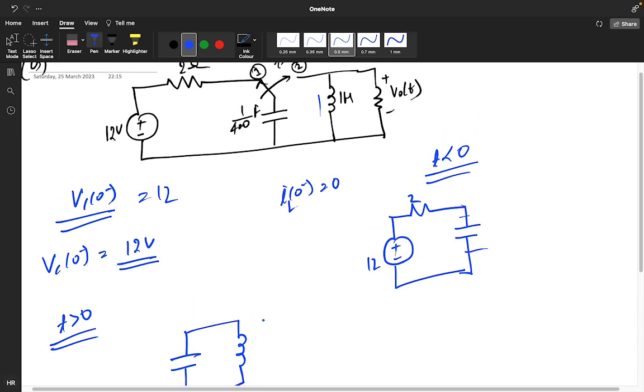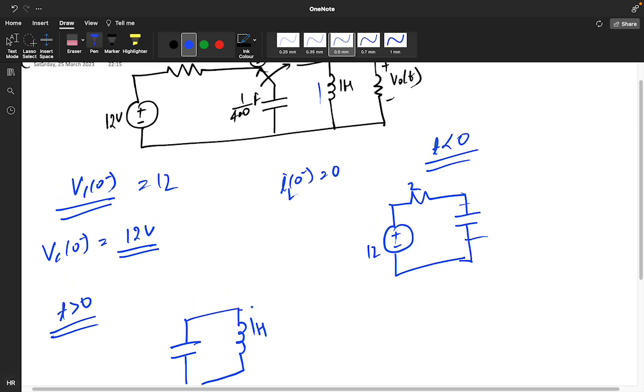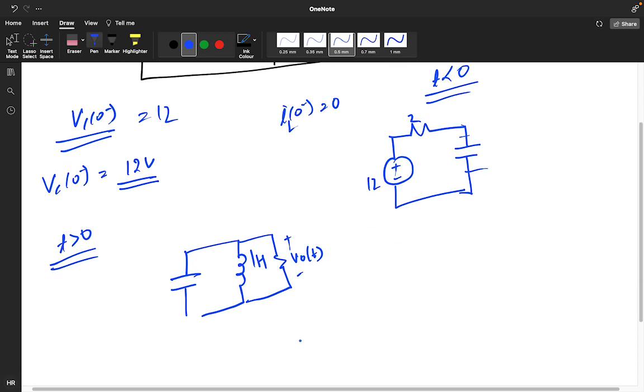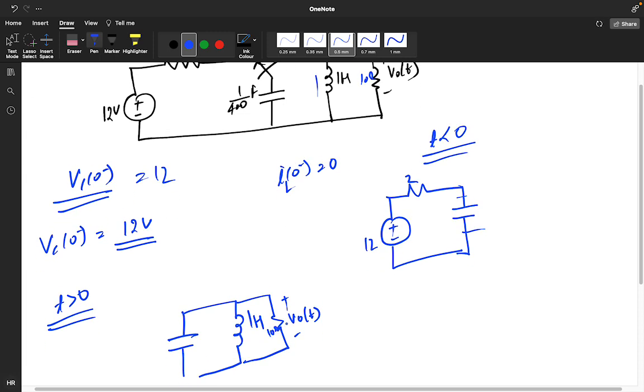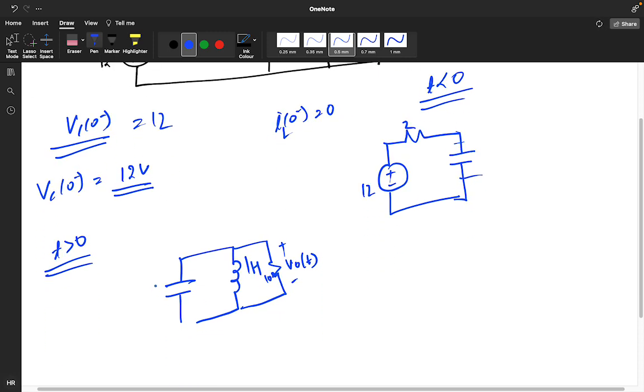So there I have a 1 Henry, and this is my V naught of t, positive negative, and the value of this R is 10. And the value of the capacitor is 1 by 400 farad.